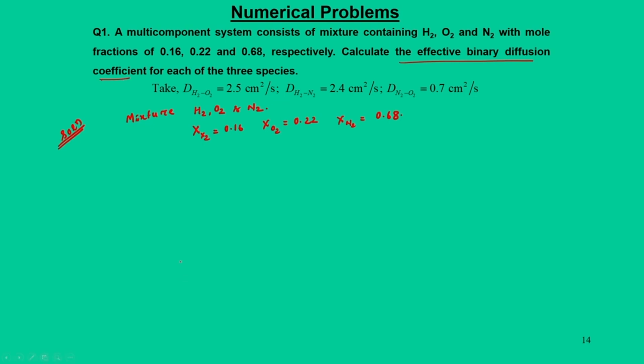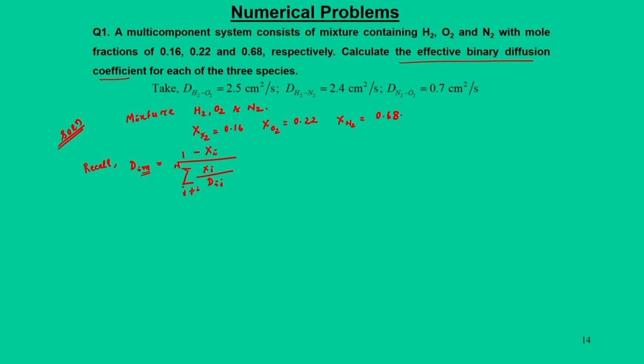To find these effective binary coefficients, you recall this expression: D im, which is nothing but (1 minus x i) divided by the summation over j from 1 to n of x j divided by D i j, and here m stands for mixture. Of course, j is not equal to i.